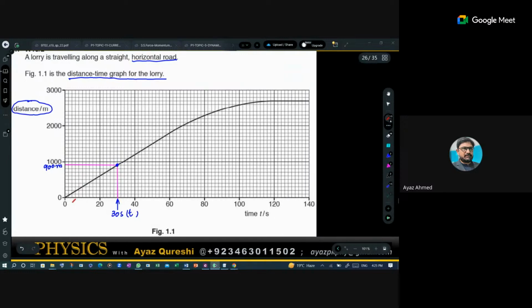See till which point the graph is a straight line. My graph is a straight line till this point. So I can select a point over here. This is x2, y2, and this one is x1, y1, which is 0, of course.